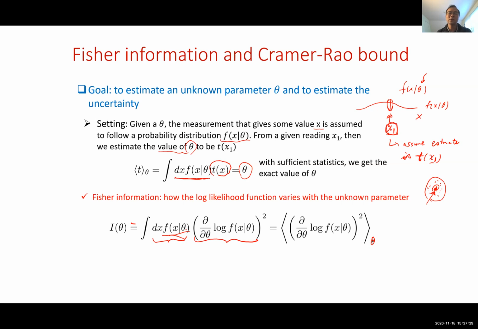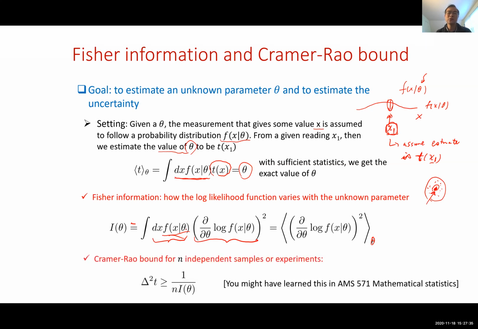So far this is the definition, but we're going to see that this Fisher information is really useful in estimating the lower bound on the uncertainty of our estimation. This is the so-called Cramer-Rao bound. Suppose that I perform n independent samples or experiments.